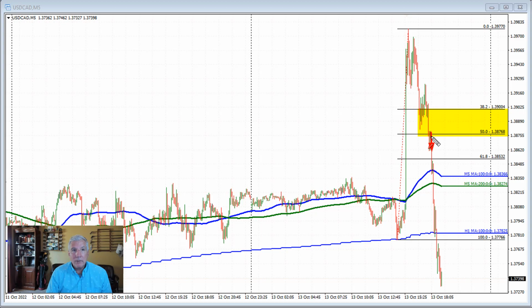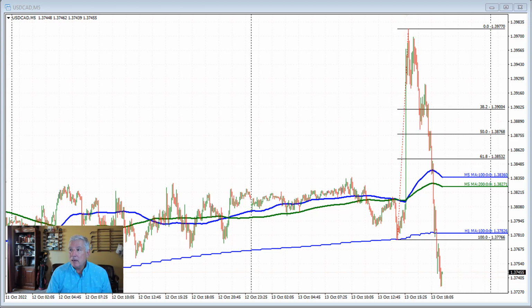All of a sudden, buyers turned to sellers near the 50% retracement, and we've seen this rotation all the way to the downside, and even below the 100-hour moving average, which held support right through here. So falling below the 100-hour moving average at this level, 137.782, is now a close risk level for the sellers. As long as the price remains below the 100-hour moving average, the bias remains to the downside.